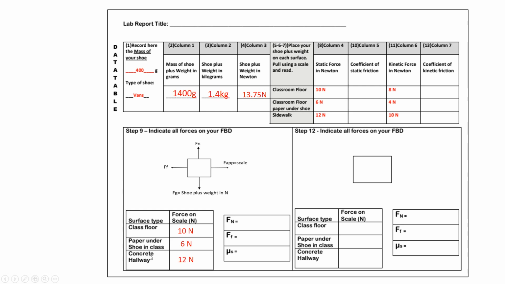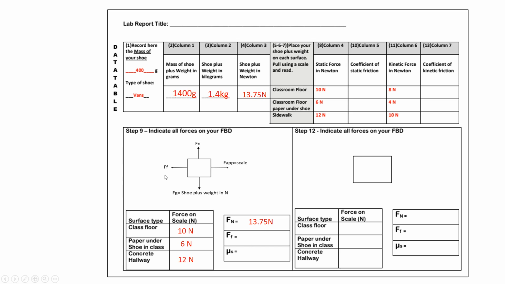And now on the concrete hallway, my pull force is 12 Newtons. Since the system is considered in equilibrium, my Fn is equal to Fg, which is 13.75 Newtons.